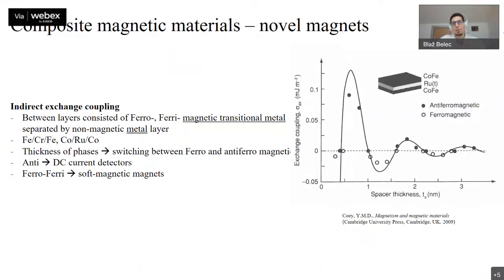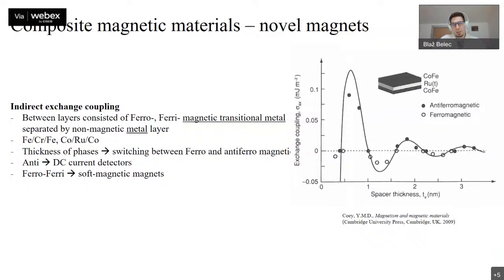So besides ferromagnetic materials, we can also couple them, so mix ferromagnetic or even antiferromagnetic materials together, and we get composite materials. Those can also be called novel magnets, because we join, so we couple, two different magnetic materials together, and the result is somehow a sum of those materials.